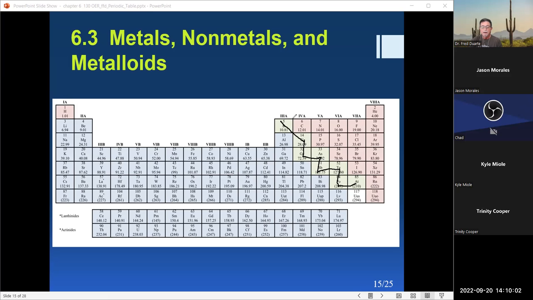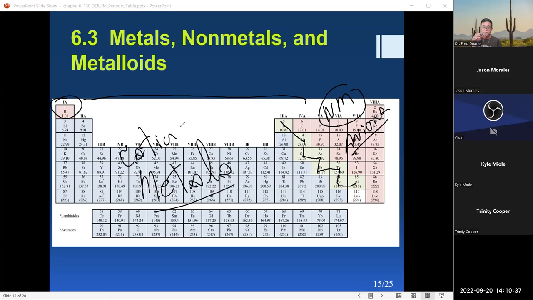Everything to the right, including the hydrogen far left, are nonmetals. These are NM nonmetals, including hydrogen, and everything in blue are labeled metals. Now with that in mind, all the nonmetals, given that they gain electrons, will become anions. And all the metals, given that they lose electrons, will become cations.